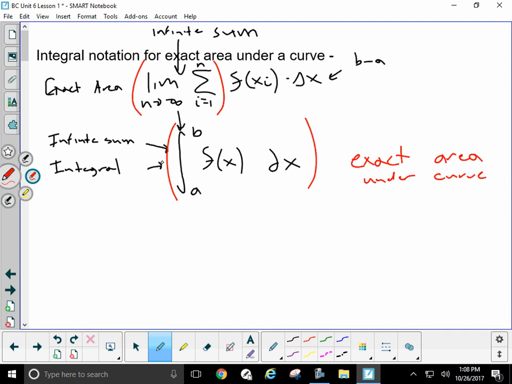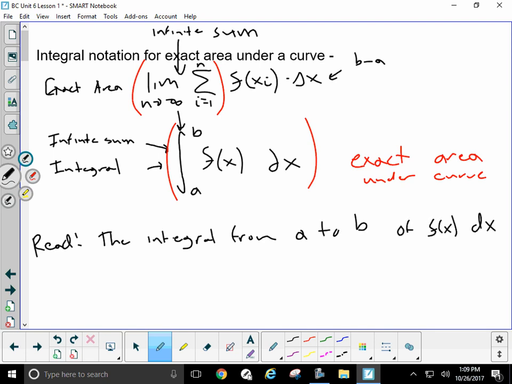This is red. The integral from a to b of f of x dx. Okay?